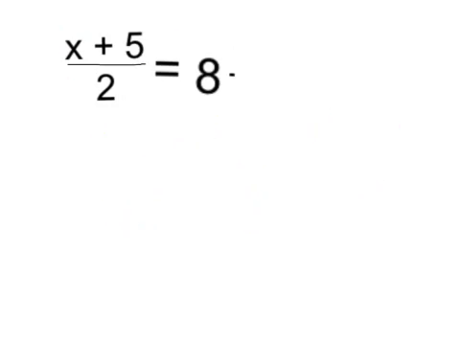And the last example we're going to look at together. This one is different because I've got the whole of x plus 5 is divided by 2. So I need to get rid of this 2 first. And because it's a divide by 2, I'm going to multiply both sides by 2. This will give me x plus 5 equals 16.